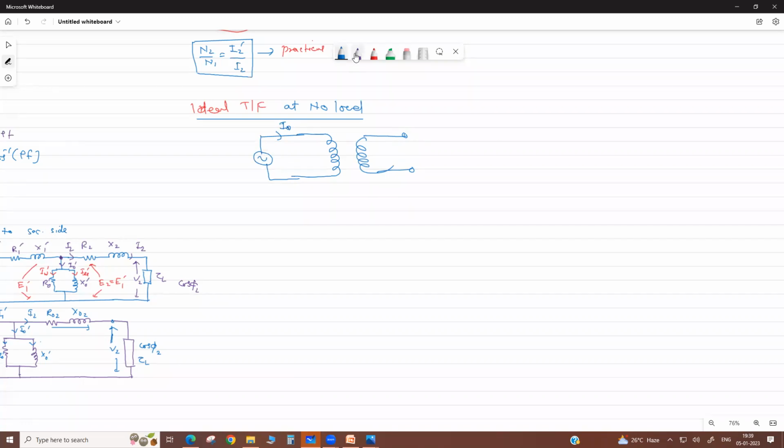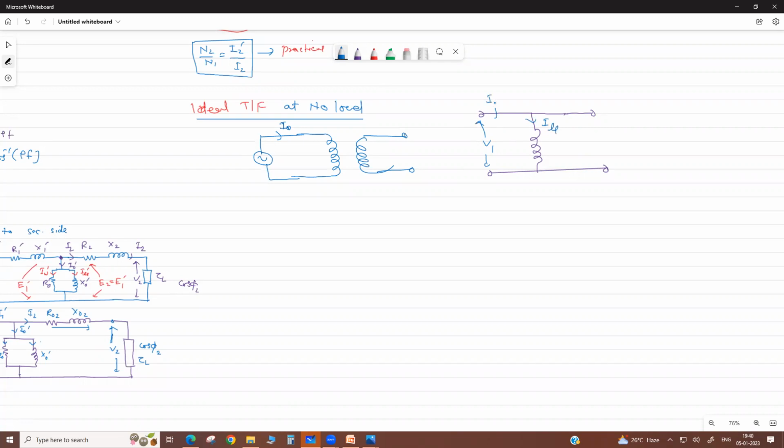So if we draw the equivalent circuit of the ideal transformer, this is the equivalent circuit. This is open, and here is your primary. When you apply V1, it takes only magnetizing current.